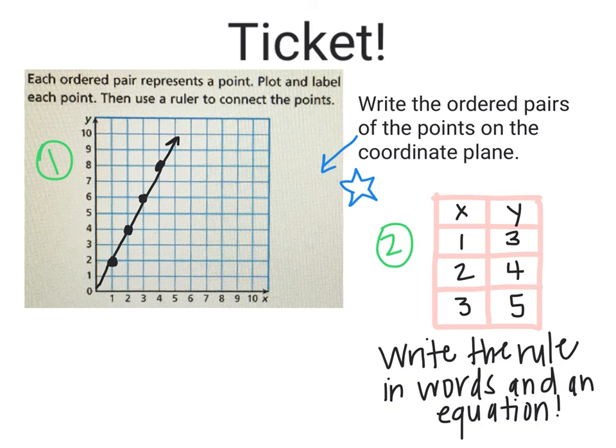So I'm going to label these points as A, B, C, and D. Please give me those points in ordered pairs. Remember, those are x and y coordinates. Then, please write the rule that you find in words and an equation that matches this input-output table.